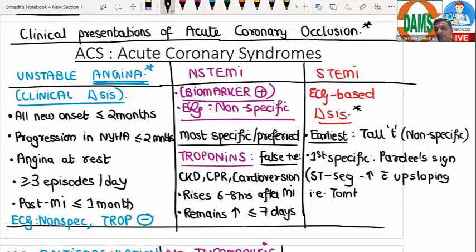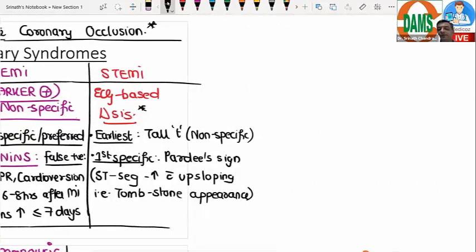The tombstone appearance of the ST segment is the first specific feature of MI on the ECG.